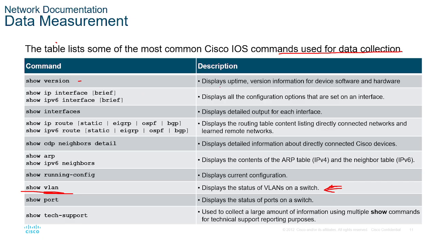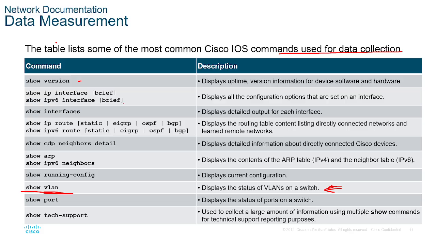For instance, show version displays version information for the device's software and hardware. Show ip interface displays all the configuration options that are set on the interface. Anything that you put on any interface, here you can monitor it and take a look at it.